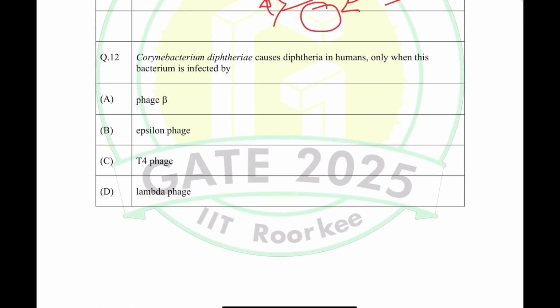And next question: Corynebacterium diphtheria causes diphtheria in human only when this bacterium is infected by. So Corynebacterium diphtheria itself is not always pathogenic. Okay, not always pathogenic.